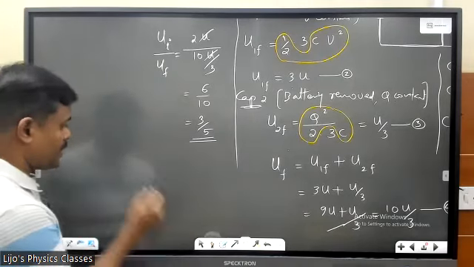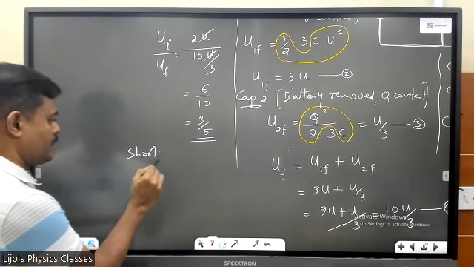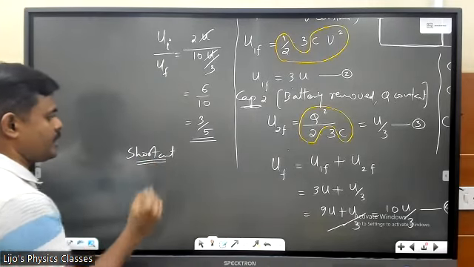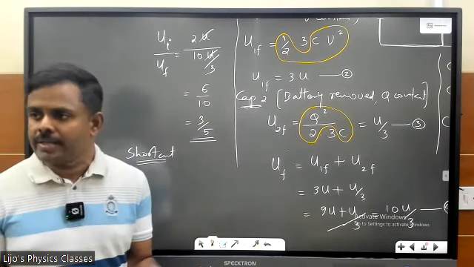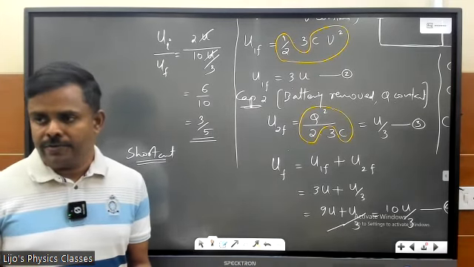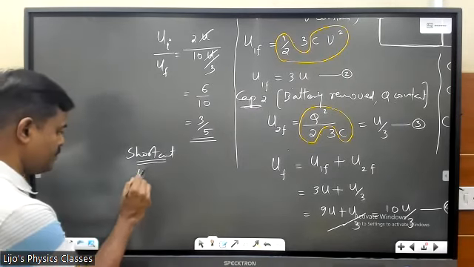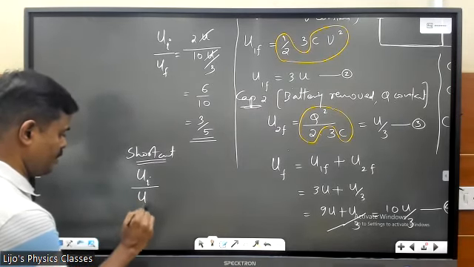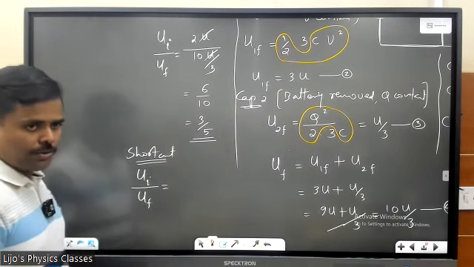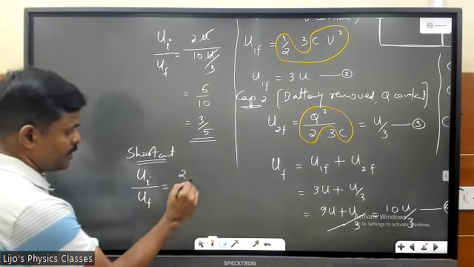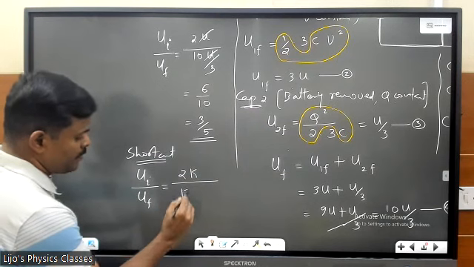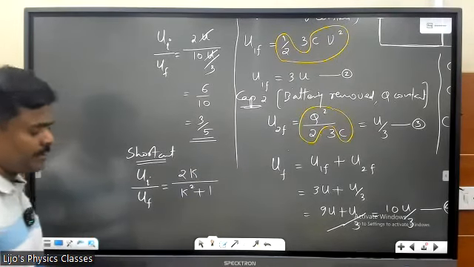Got it? You can write a shortcut. Now, in subjective questions, you can use this shortcut to check if your answer is correct or not. Okay, if it is MCQ, you can use this directly to get the answer. It's a typical question. It will be asked as such. UI to UF ratio is given by 2K by K square plus 1.